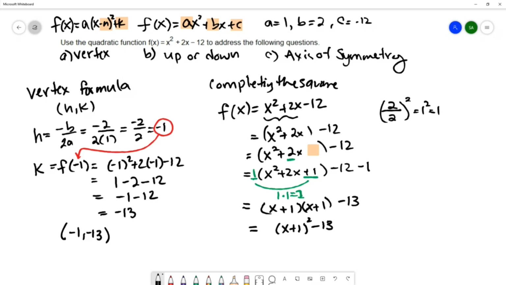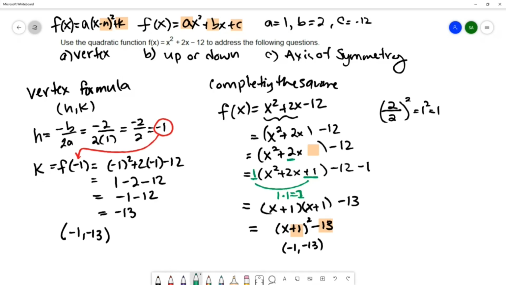And we've now written this equation in the vertex form. You can recognize the h and the k from the equation, and we get a vertex of (negative 1, negative 13), which is the same vertex we got with the other method. So either one is acceptable to find the vertex.